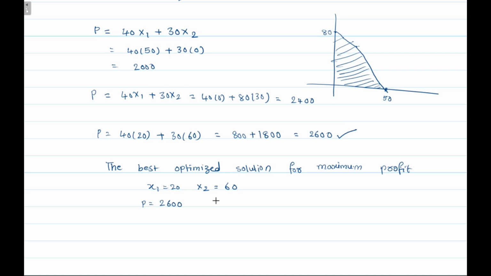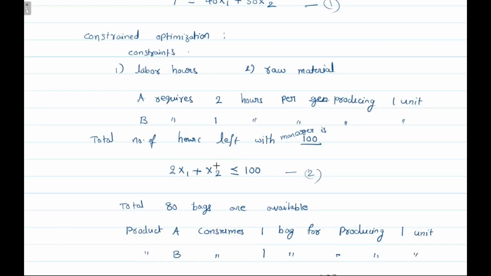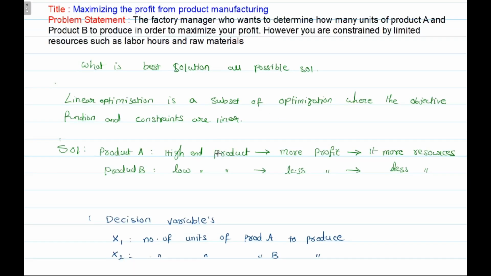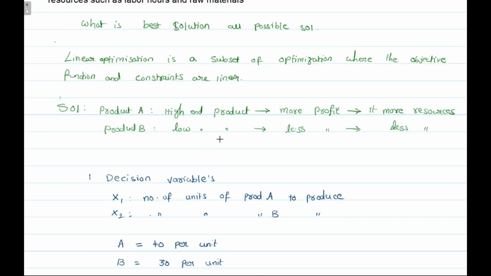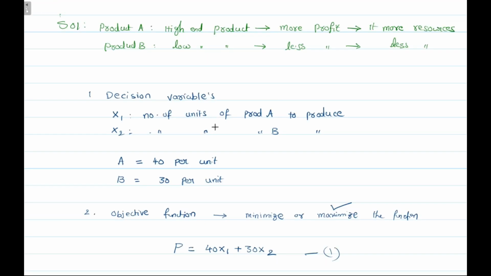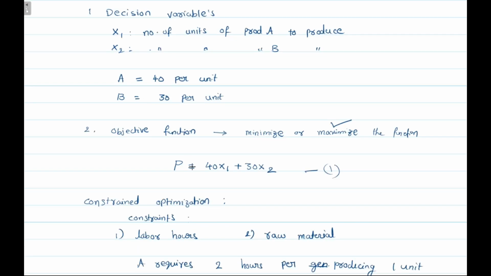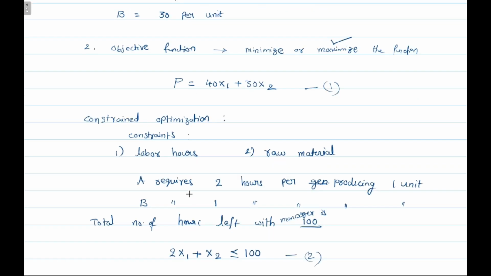So here let us simply revise what we have discussed. First, understand the problem and turn it into mathematical equations. The first step is the decision variables, because here we have product A and product B, only two variables. This is a linear optimization. Thereafter we take the constraints, and here we have taken two constraints, labor hours and raw materials.